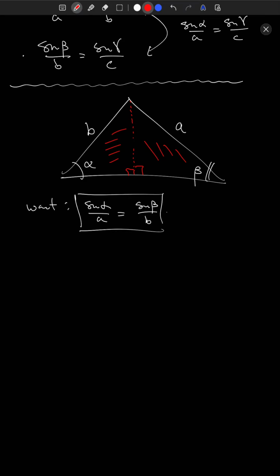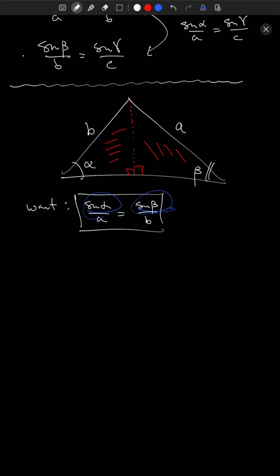The idea behind dropping the perpendicular makes sense because what I'm trying to verify involves sines, sine of alpha and sine of beta. And when you're working with physical triangles, you would like to think of sines in terms of opposite over hypotenuse. But you can't talk about opposite over hypotenuse if you don't have a right triangle.